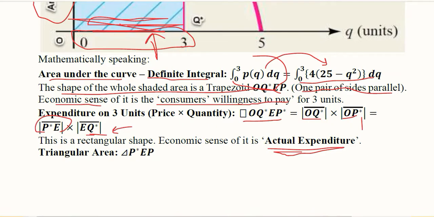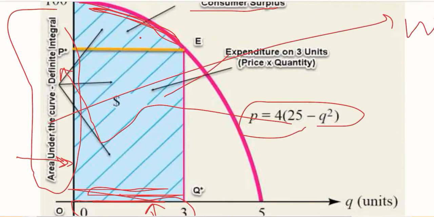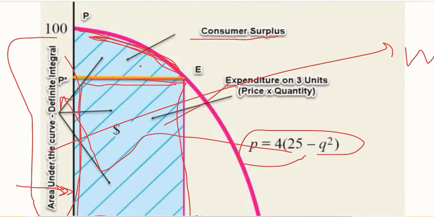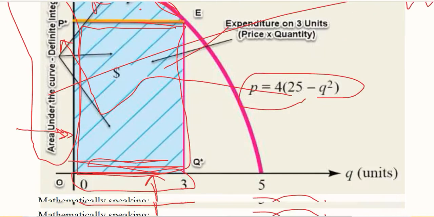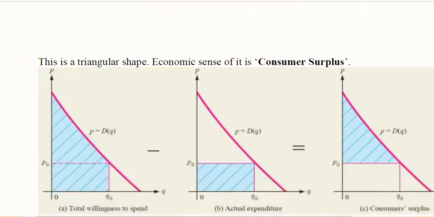So this is the actual expenditure done on that certain amount of goods that are sold at a certain level of price. Now this triangle is the remaining part. If I subtract the rectangle from the overall trapezoid, the left area would be the consumer surplus. So we can simply take the difference of the two.